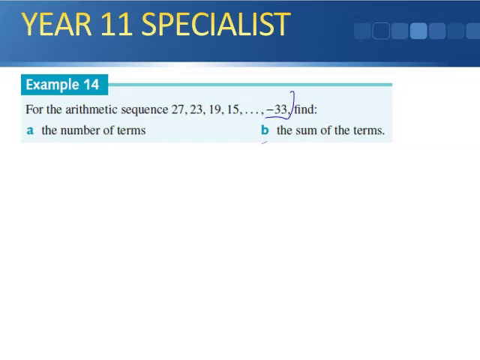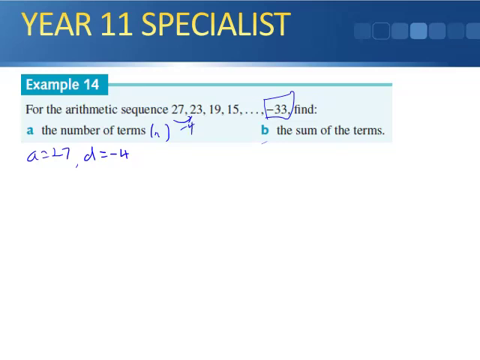For the arithmetic sequence which goes all the way to negative 33 and it stops, find the number of terms and the sum of the terms. So here we want to find n for part A, the number of terms. a equals 27, and our d is negative 4. We're taking away 4 all the time.